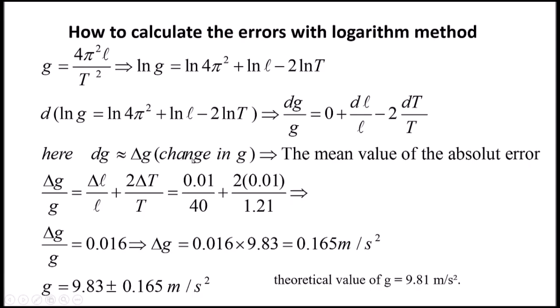Here dg nearly equal delta g, the change in g, which means the mean value of the absolute error.